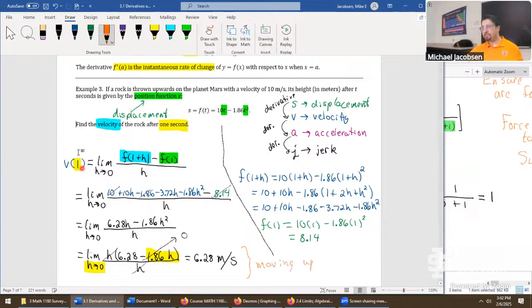If we did velocity at maybe 3 seconds, we'd have to double check. But velocity at 3 seconds might be a negative value, which would mean it's going down at whatever the rate was. But that's an instantaneous rate of change. Think of this as like a speedometer on the rock at every single instant of time. That's changing due to the effects of acceleration due to gravity on planet Mars.